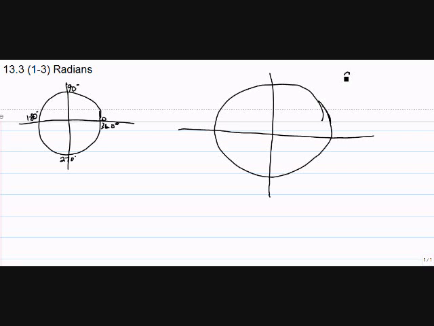What is its circumference? 2 pi. Circumference is 2 pi r, and our radius is 1, so the circumference of this circle is 2 pi. Instead of having 360 little tick marks around this circle, I'm going to have 2 pi little tick marks around this circle.